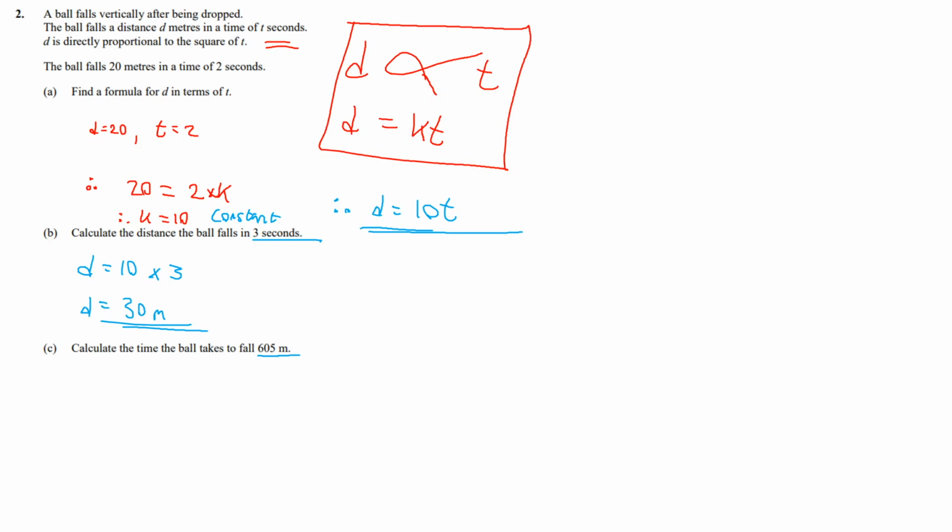That's also not a problem, because remember, d is equal to 10t and d is equal to 605. So therefore, 605 is equal to 10t, and so t is equal to 605 over 10, which is equal to 60.5 seconds.